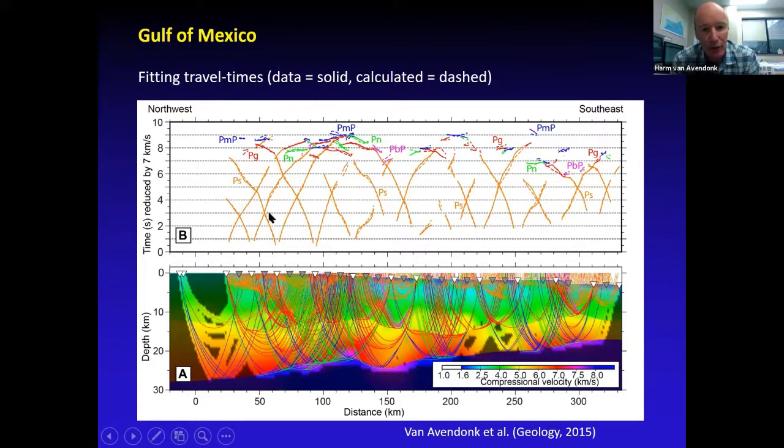And in the upper panel, you're seeing the travel times that were picked in the refraction data as a solid line, and the dashed lines are the calculated travel times. So in a tomographic scheme, we're adjusting both the seismic velocities and the depth of these reflecting boundaries to get the best data fit, and at the same time the smoothest model that fits these data.